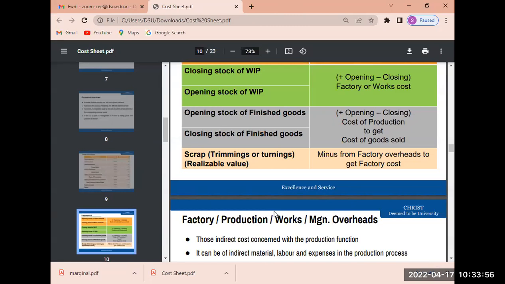It's an income for us, so it should be minused from factory overheads to get factory cost, along with the opening stock of work in progress and closing stock of work in progress. Minus the scrap value of the product you are selling. Okay. After this, you will get the final answer called cost of one unit.